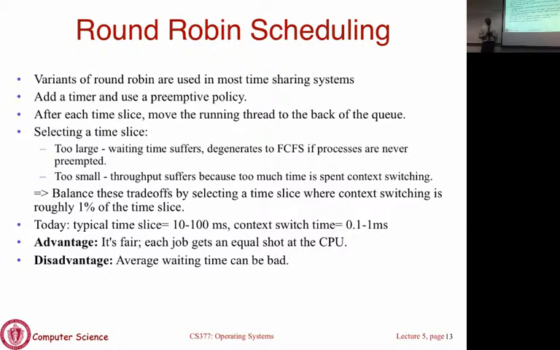What if you knew that a job would take a lot of time doing IO, schedule a short job? Okay, so what you are saying is if the job might do IO, you may want to schedule it first and so on. You could indeed do that, right? But that's not a round robin policy.